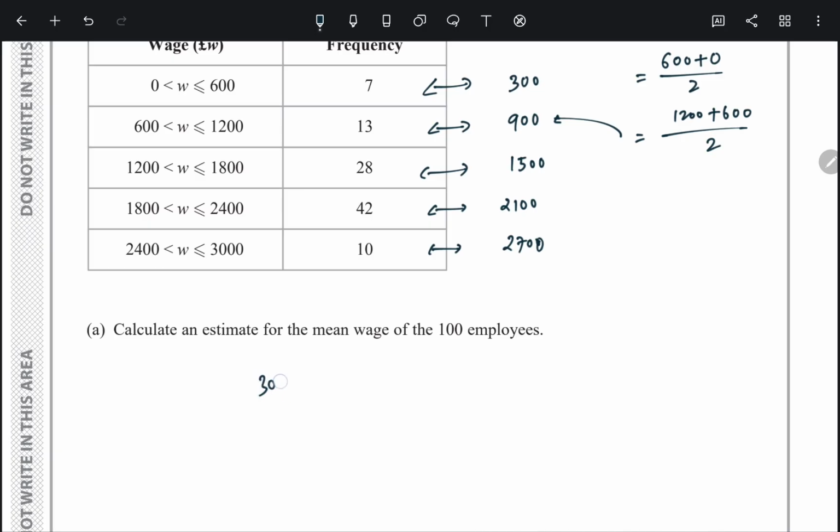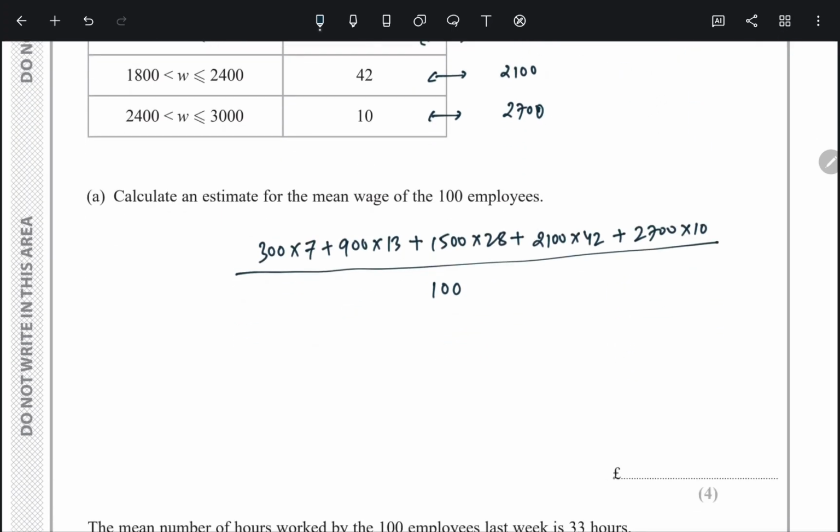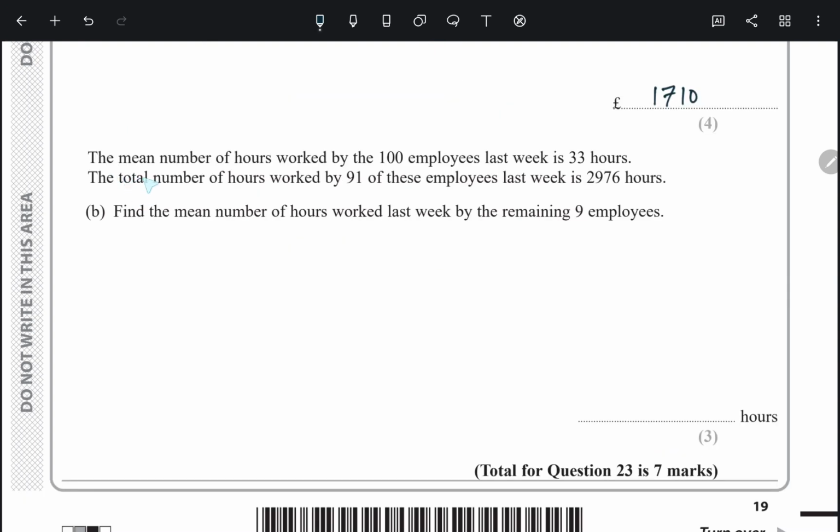So that's going to be 300 times 7, and divide all of this by the number of employees, so 100, and the mean is going to be 1710 pounds.